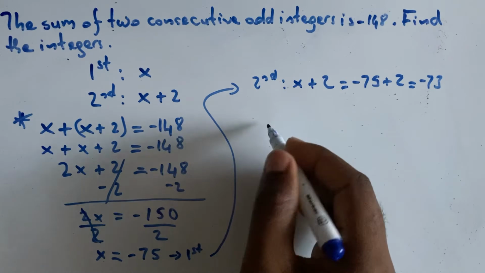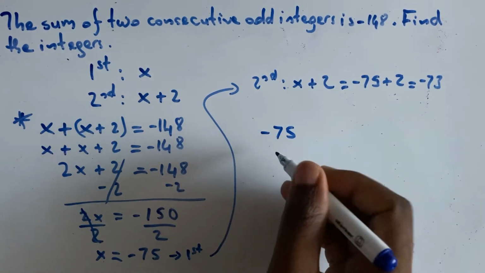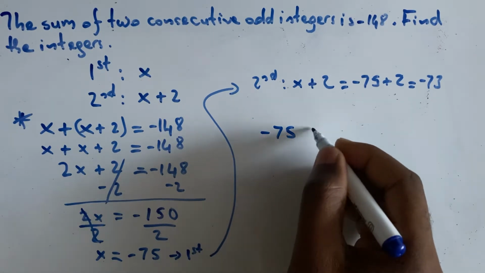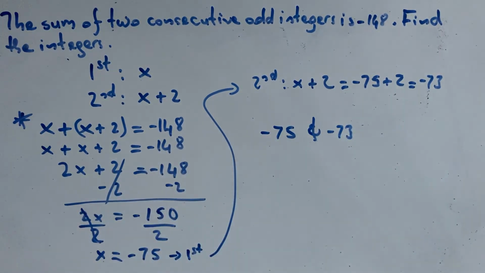Therefore, the two consecutive odd integers are negative 75 and negative 73, okay? Negative 75 and negative 73. Those are the two consecutive odd integers.